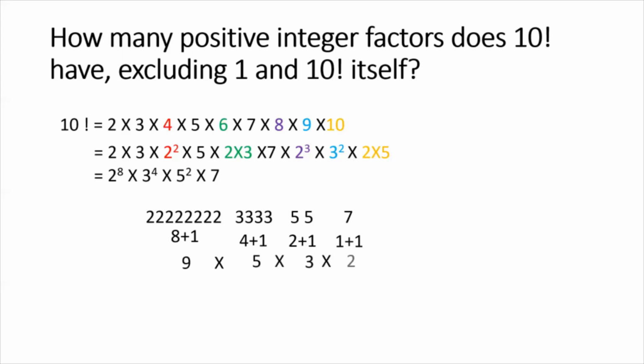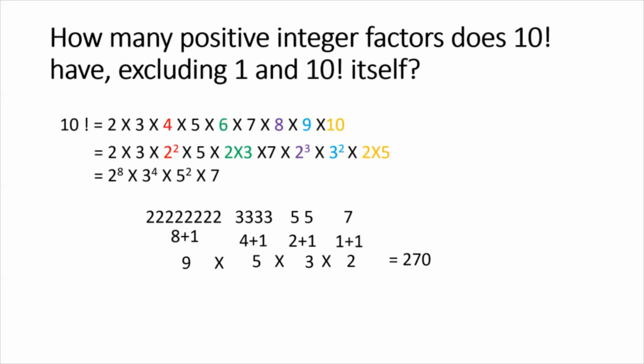Now, if you multiply these, we get the number of ways in which we can choose different combinations from these 4 different categories, and that's going to be 270. So that gives us the number of potential factors we can generate by different combinations of the primes that are present in factorial 10.